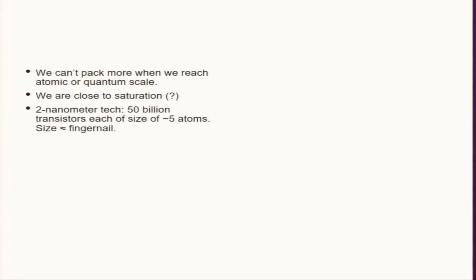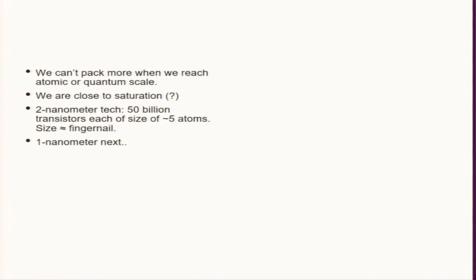Even in classical computing, 2 nanometer technology, 50 billion transistors, each of size 5 atoms, and the chip is fingernail size. 1 nanometer is next, we do not have it yet, but 2 nanometer is already out. The other options are quantum computer, graphene based transistors, spintronics.